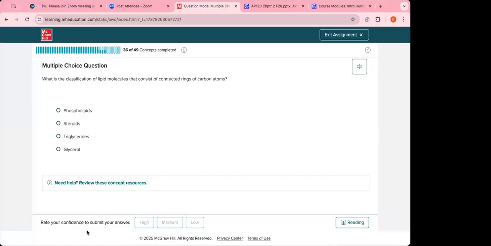What is the classification of lipid molecules that consists of connected rings of carbon atoms? So what kind of lipids had those rings of carbons? Phospholipids, steroids, triglycerides, or glycerol?